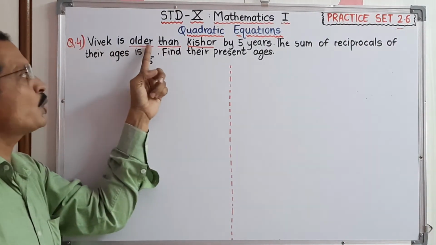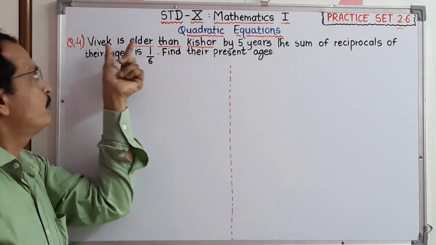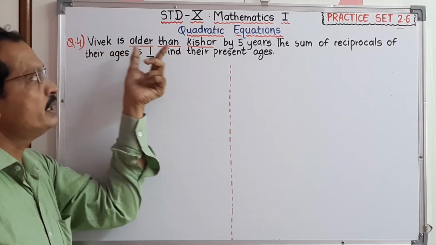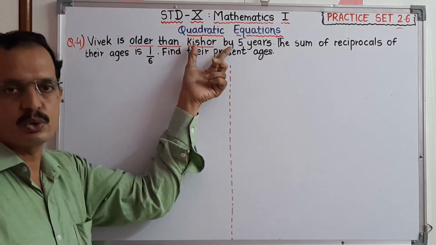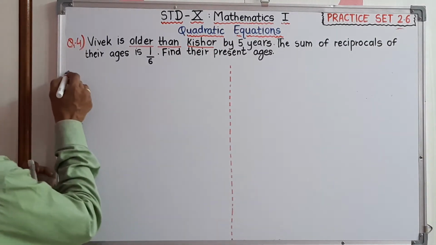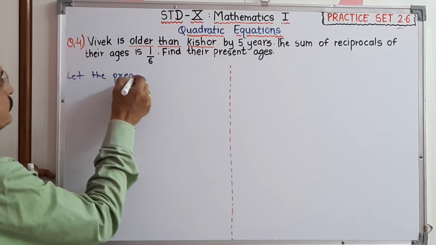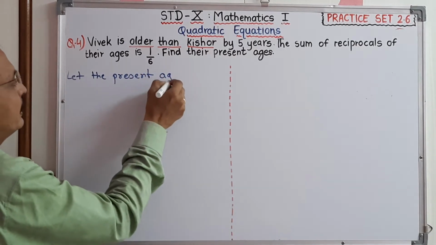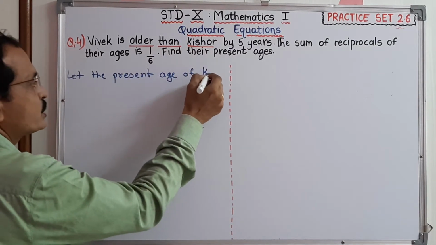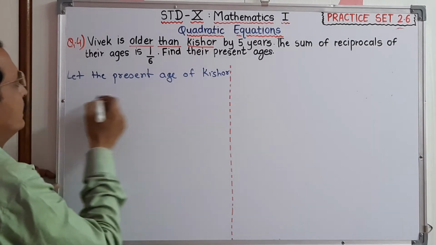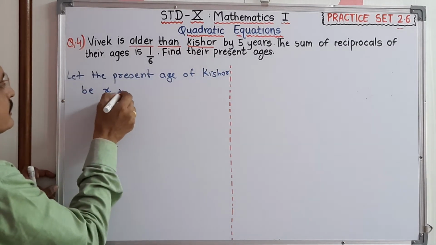See, Vivek is older than Kishore. That means the age of Vivek depends upon the age of Kishore. Therefore, let the present age of Kishore be x years.